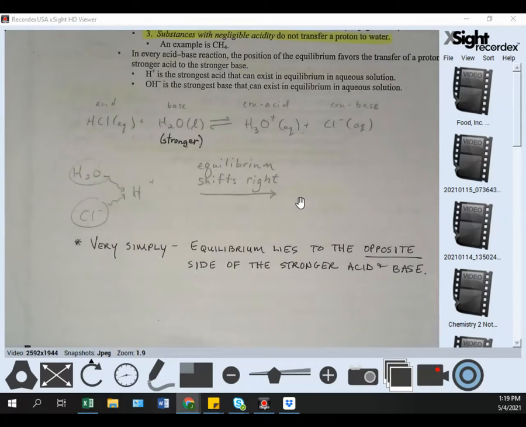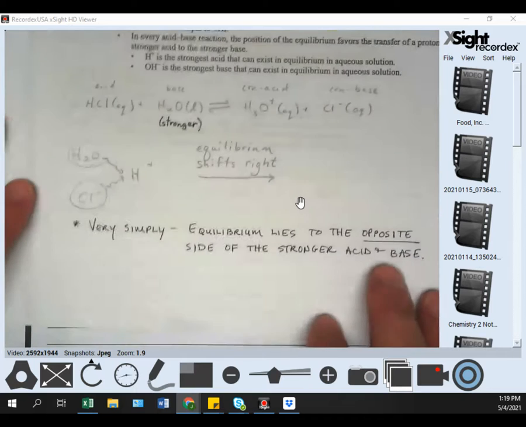Now, they talk about the equilibrium shifting to one side or another of the equation. If you try to read it out of the book, it can be super confusing. When I first was going through it, it took me a while to figure out what they were trying to say.